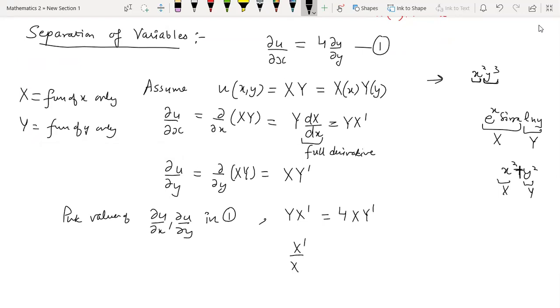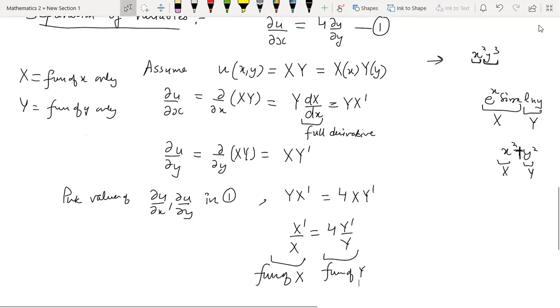X dash by X is going to be 4 times Y dash by Y. So what I'm doing is making all the terms containing x on one side and all the terms containing y on the other side. So the left hand side is now purely containing x terms and the right hand side containing purely y terms. So this one is purely a function of x and this one is purely a function of y, right?